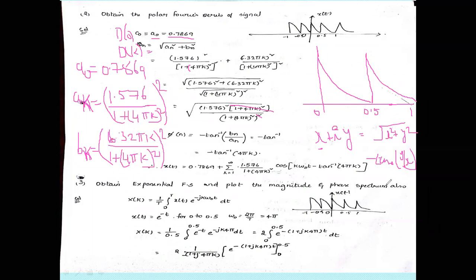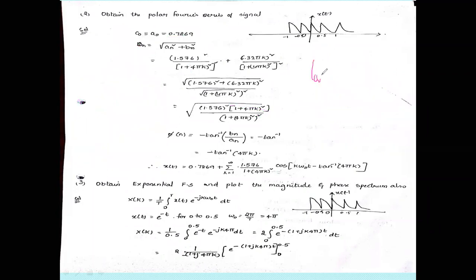So minus tan inverse of B of K over A of K is 6.32 pi K whole divided by the numerator of A of K, which is 1.576, because both having the same denominators get cancelled.